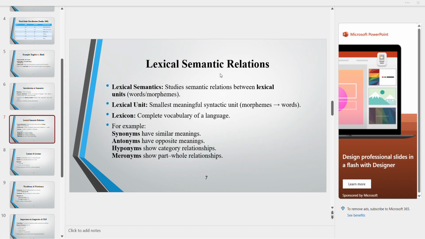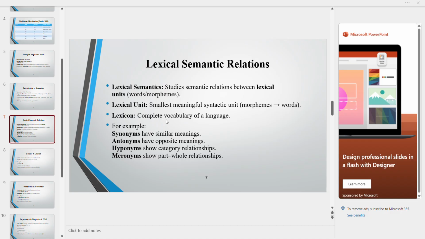Lexical semantic relation. Lexical semantics is the study of semantic relation between lexical units, that is words or morphemes. That means it studies relation between words. Morpheme means it is the smallest part of word that has meaning. Lexical unit is the smallest meaningful syntactic unit, that is morphs convert to words.